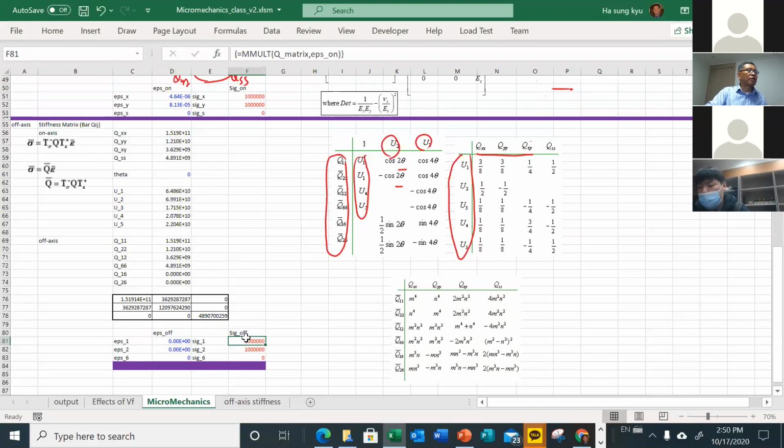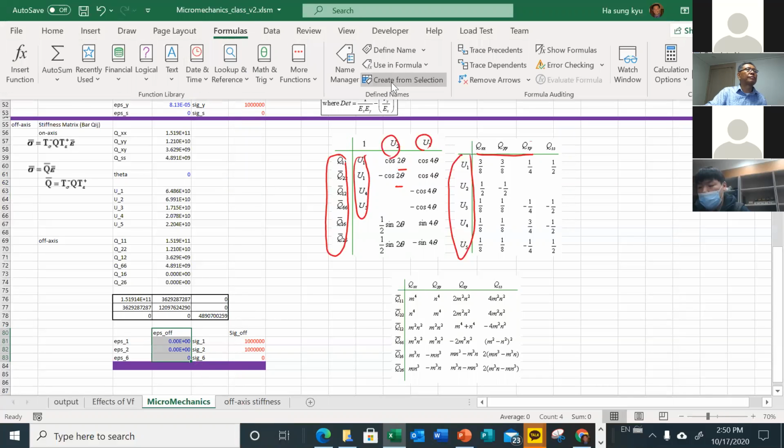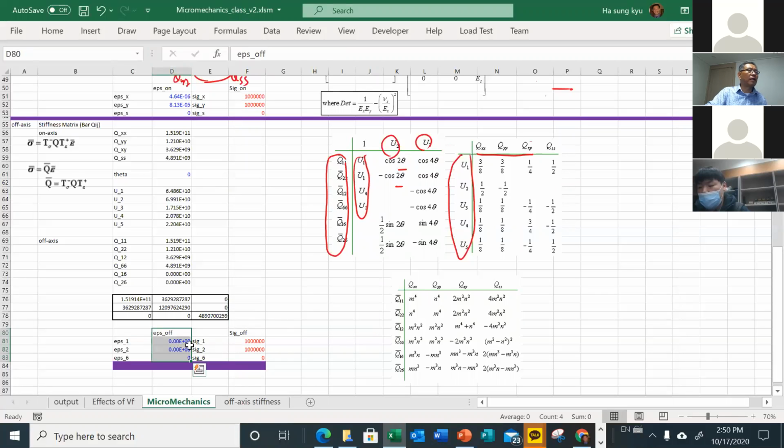And now, importantly, this sigma on-axis will be a Q matrix times strain. And here we need to define this. This has the epsilon on-axis, and this will be defined as the Q on-axis.